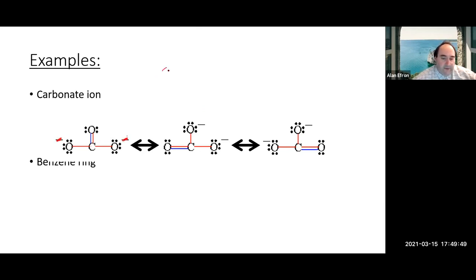But basically, if we drew carbonate, we have the ability to put the double bond up on top, and we just as easily could have put the double bond to the left or right, which would give us pretty much an equivalent structure here. A single bond, imagine that's a single line.